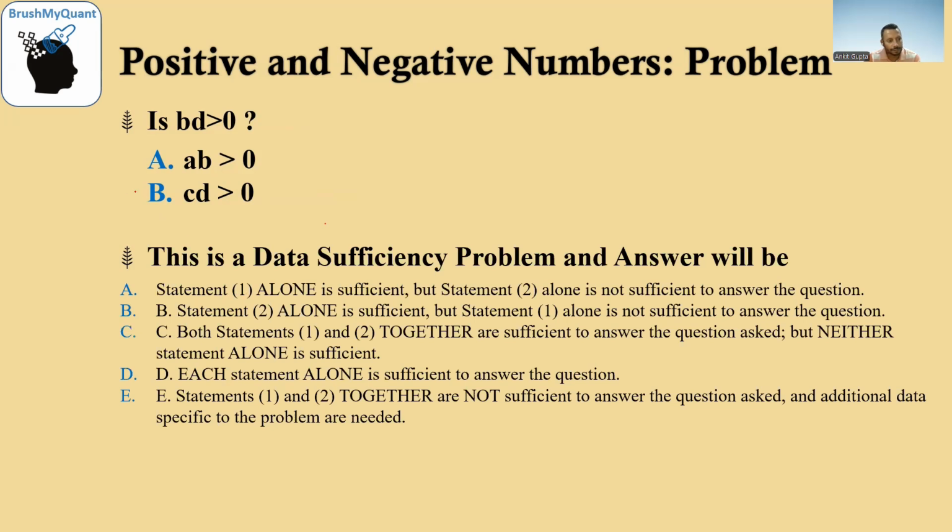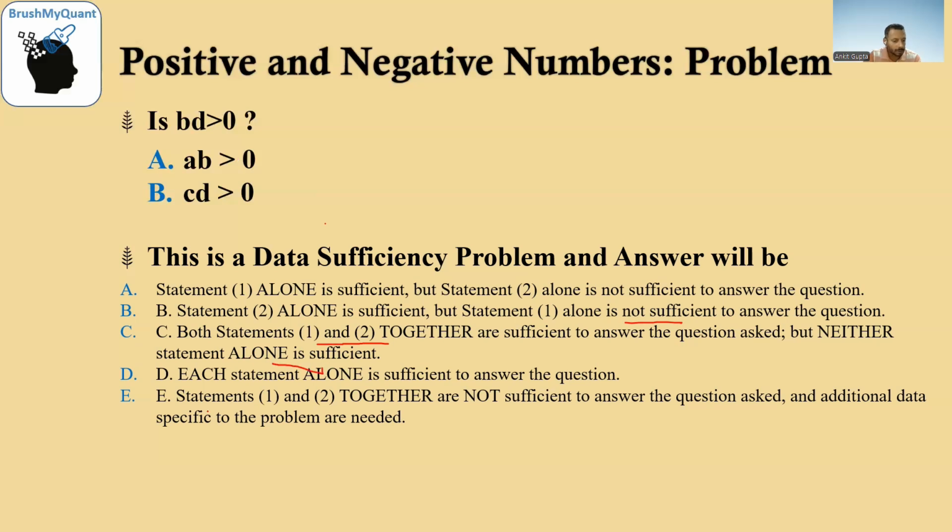Answer will be option number A if statement 1 alone is sufficient to answer, but statement 2 is not sufficient to answer the question. Similarly, answer will be B if statement 2 alone is sufficient to answer the problem, but statement 1 is not sufficient alone. Answer will be option number C if both statement 1 and 2 together are sufficient to answer, but individually they are not sufficient.